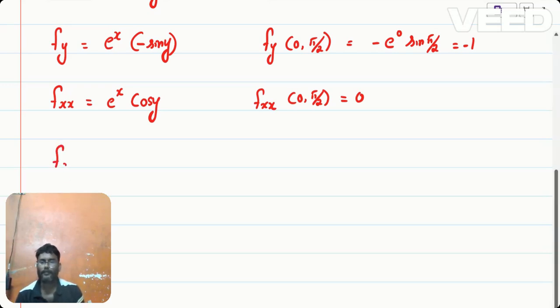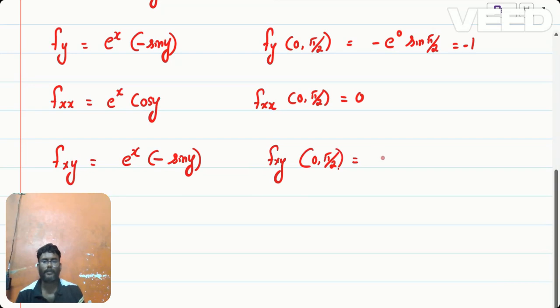And f xy of e power x cos y, f xy value will be equal to e power x minus sin y, and f xy of 0 comma pi by 2 value will be minus 1.